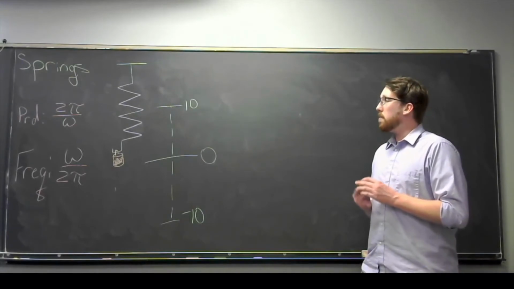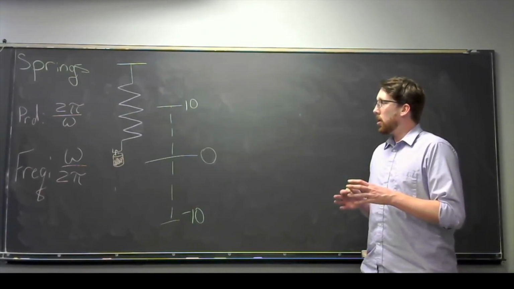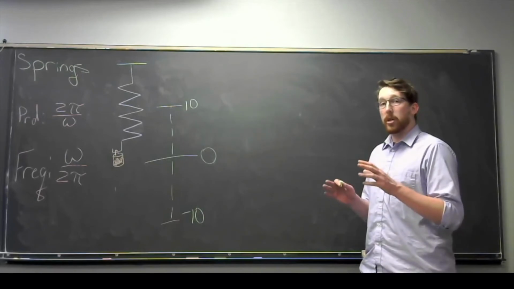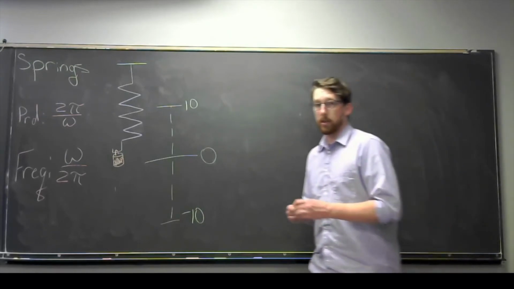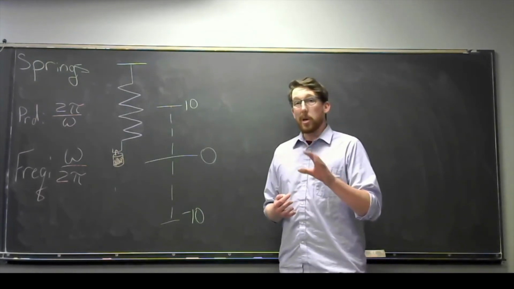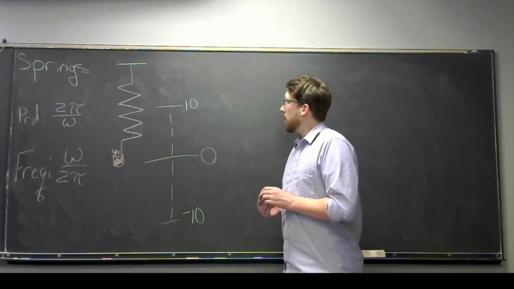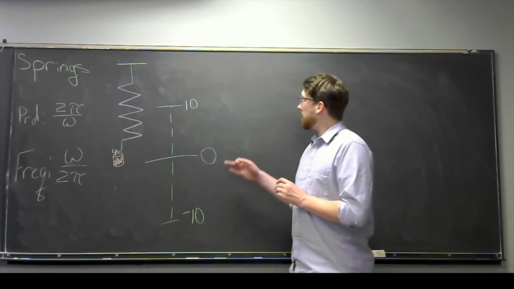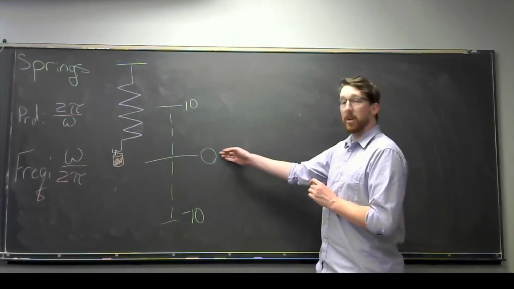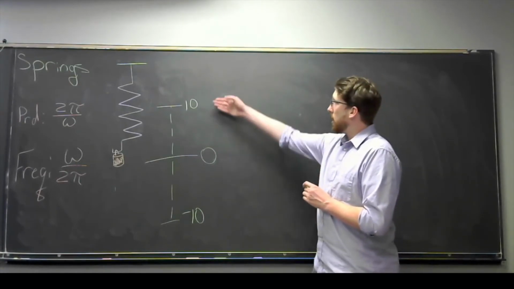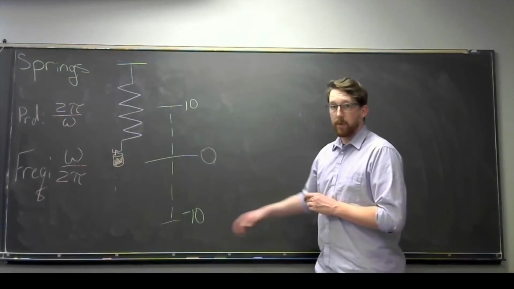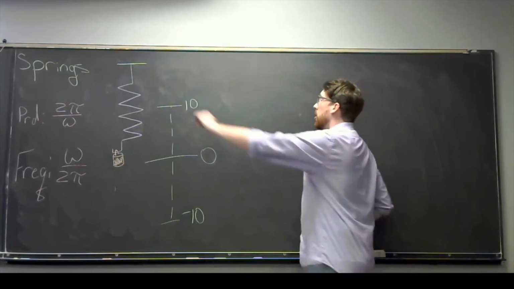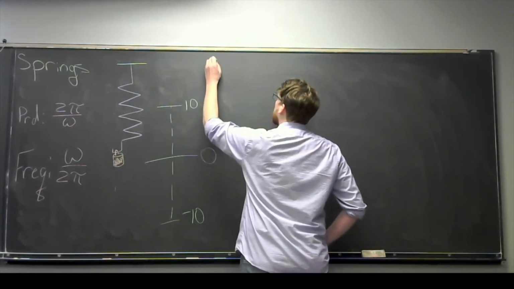And we want to create a model having measured it from the equilibrium point. Now what we know about this spring is that the maximum displacement it ever experiences from the equilibrium point is 10 and negative 10.